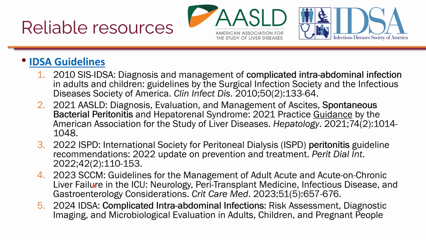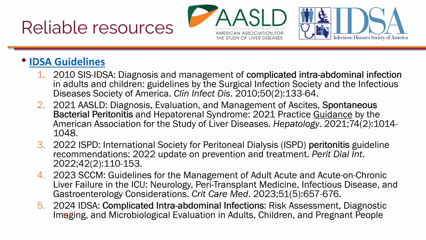And in critically ill patients, the Society of Critical Care Medicine, or SCCM, released guidelines in 2023 for management of adult acute and acute-on-chronic liver failure in the ICU, which does include peritonitis.